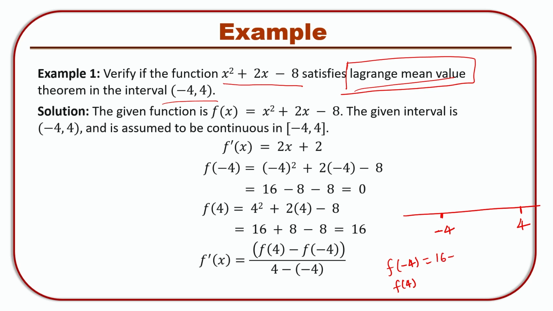That is equal to 16 minus 2 into 4 minus 8, so that is 16 minus 8 minus 8, which is 0. What will be f of 4? That is equal to 16 plus 2 into 4 minus 8, so that will be 16. So we have f a and f b.